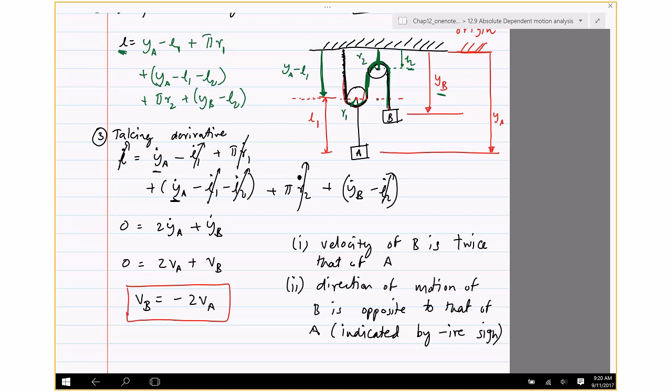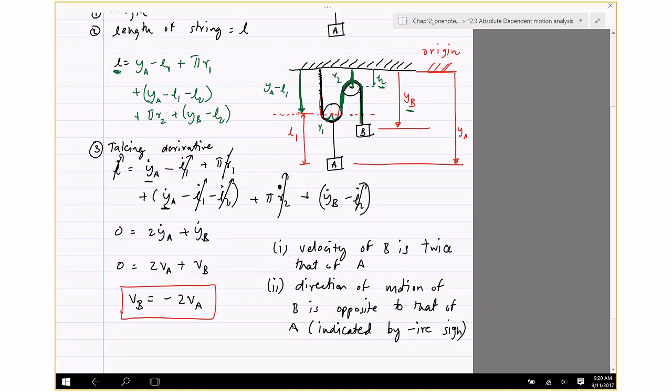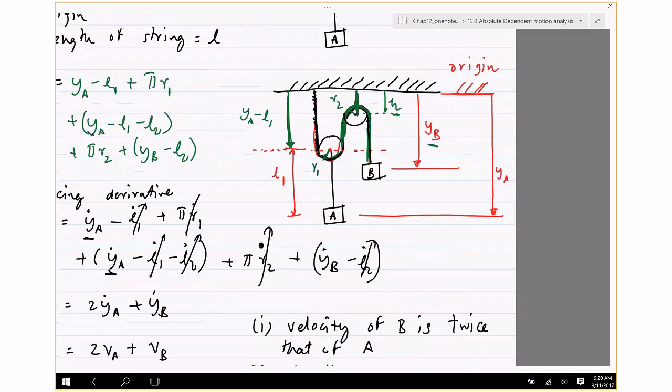Now, in this case, again, there are some things you do not have to do, which is you do not have to write R1, R2, L1, L2. In fact, in this case, you can fix the origin here.